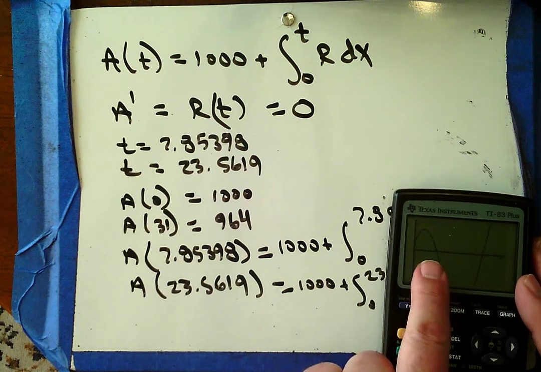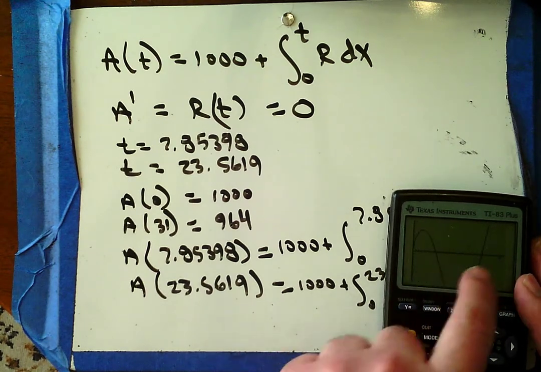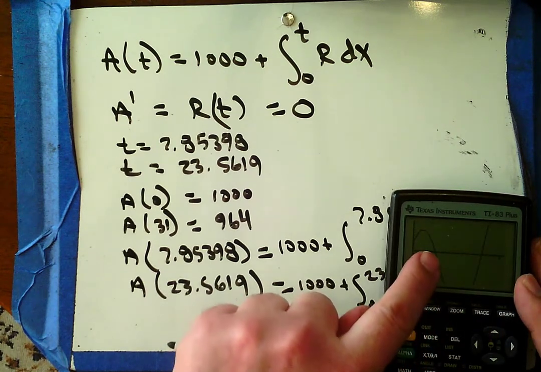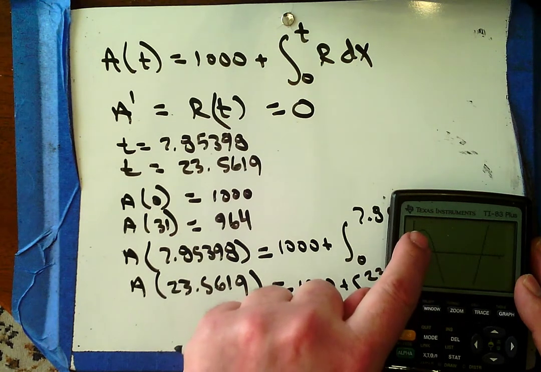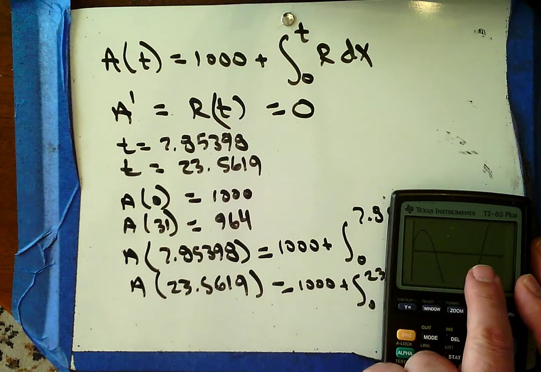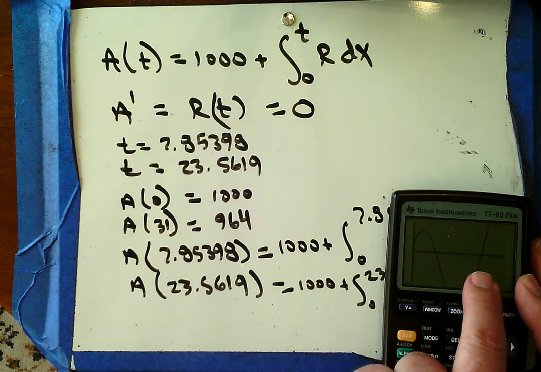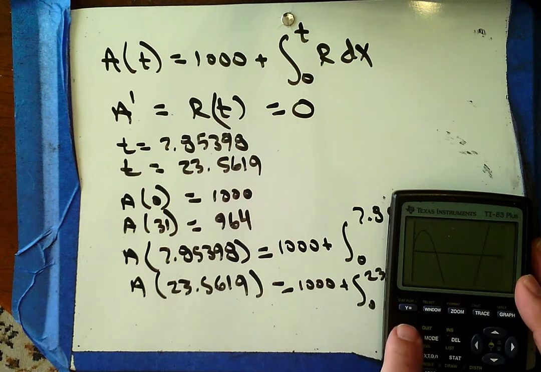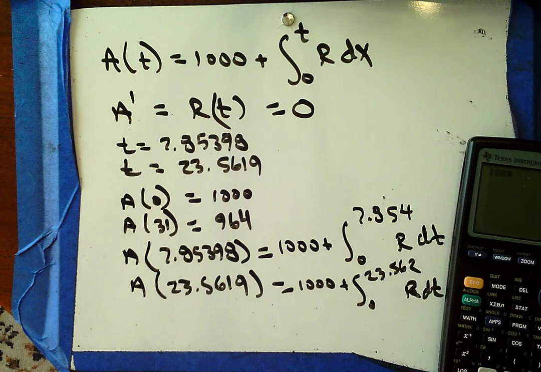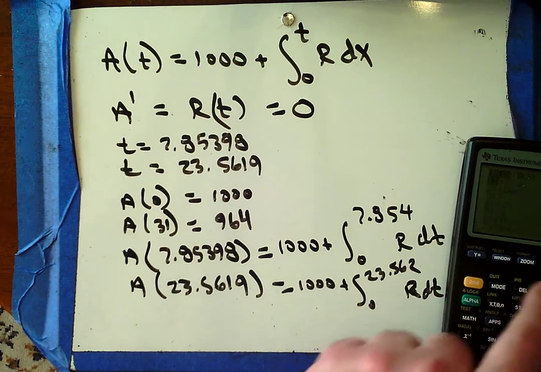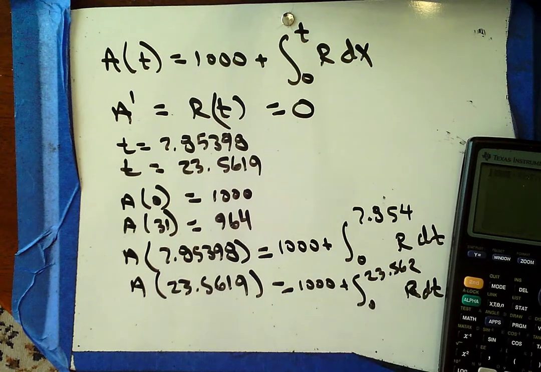Yeah, so looking at the graph, this is a graph of r, and r is the rate. So the amount is a maximum here because the rate goes from positive to negative, and the amount is a minimum here because the rate goes from negative to positive. But I can certainly integrate this to get this value to have a complete candidates test.